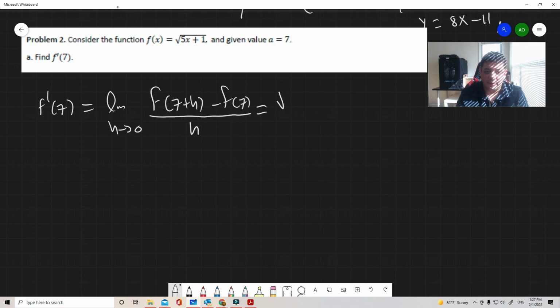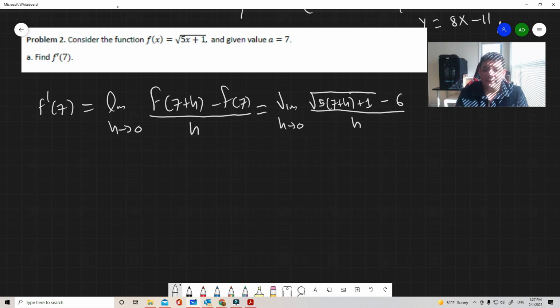This is the limit as h goes to 0 of the square root of 5 times (7 plus h) plus 1, minus f of 7. And f of 7, if you plug 7 here, 5 times 7 is 35 plus 1, 36. Square root of 36 is 6, so you get a 6 in there.